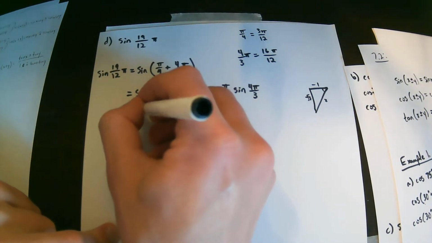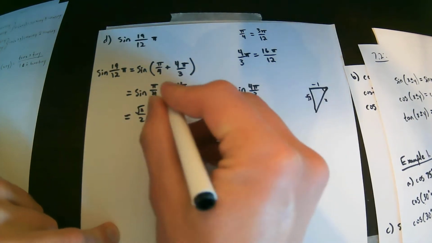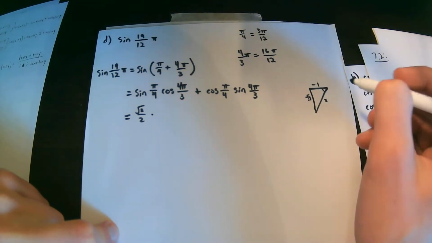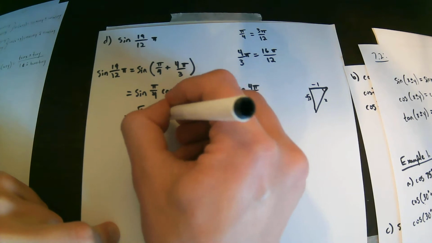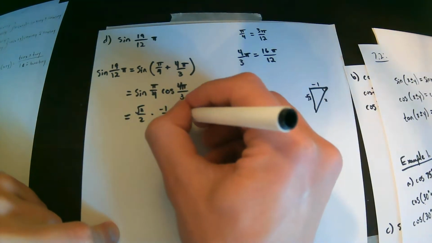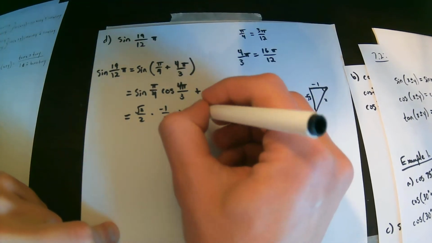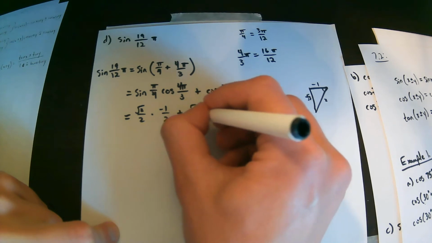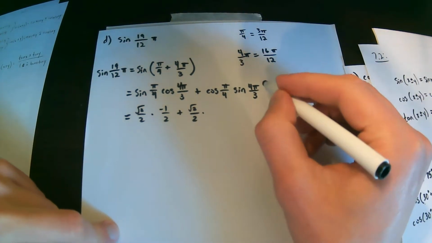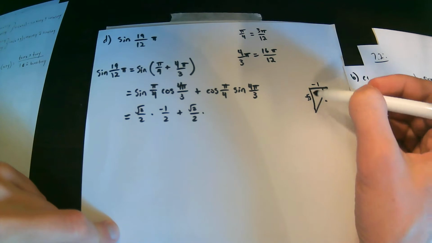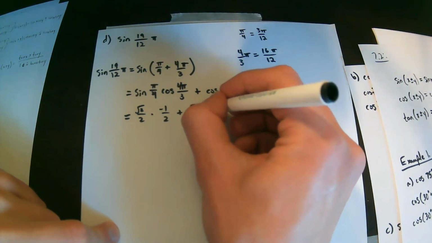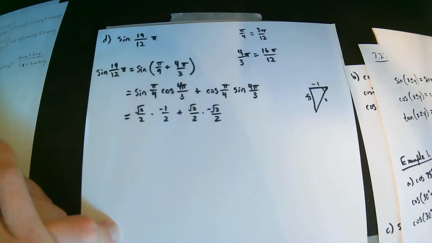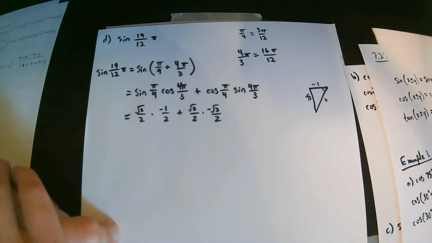So sine of pi on 4, that's square root of 2 over 2. Now cosine of 4 pi on 3 is going to be adjacent over hypotenuse, so negative 1 over 2. And then plus cosine of pi on 4, that one's easy, that's root 2 over 2. And then sine of 4 pi on 3 is going to be opposite over hypotenuse, which is negative root 3 over 2.